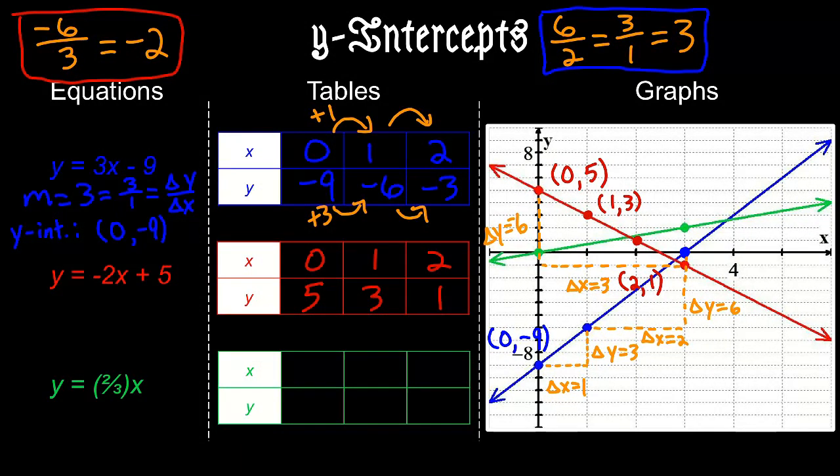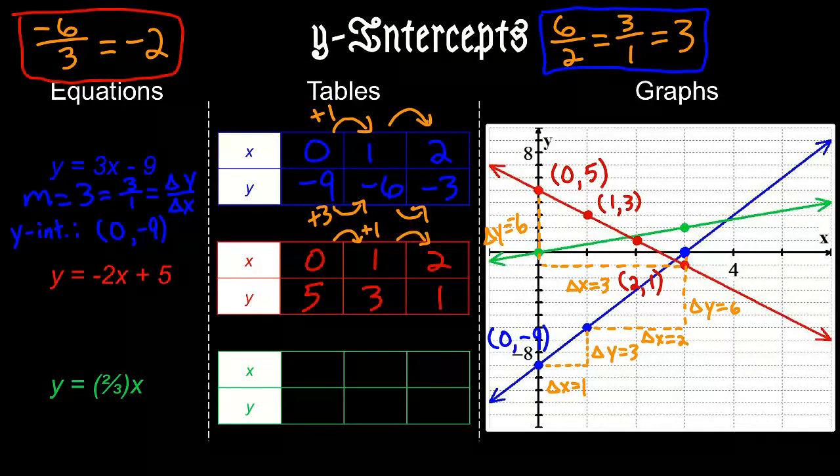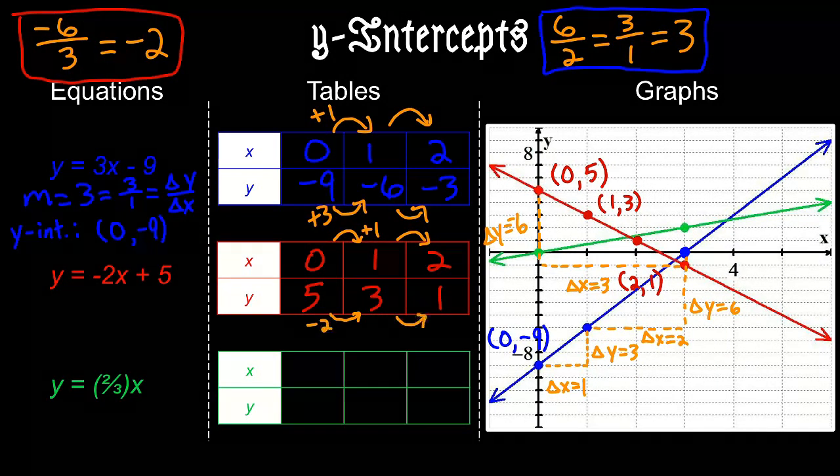So what we should see in the table is that as our x value increases by 1, our y value is decreasing by 2. And that is maintained. So our slope is -2, or -2/1.